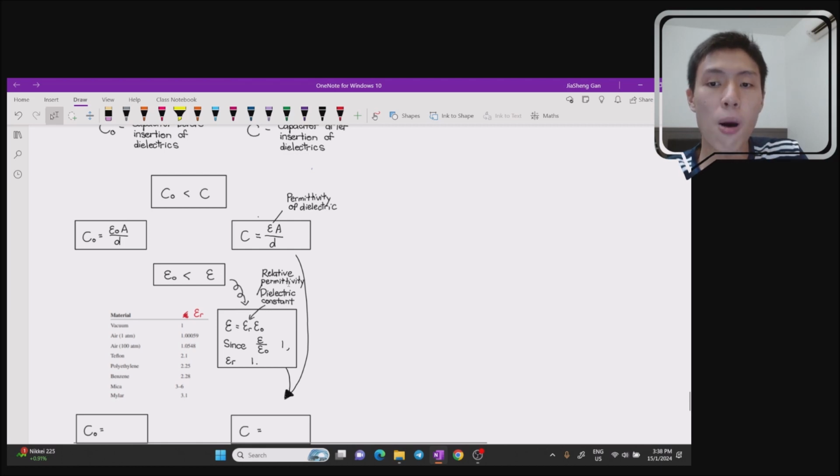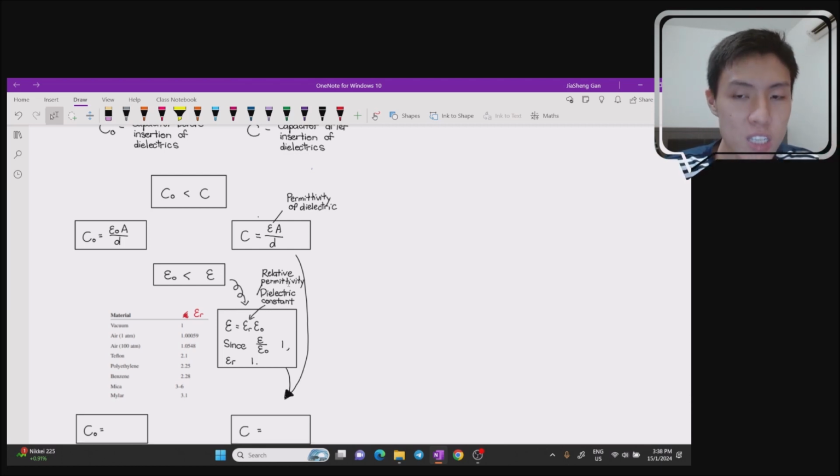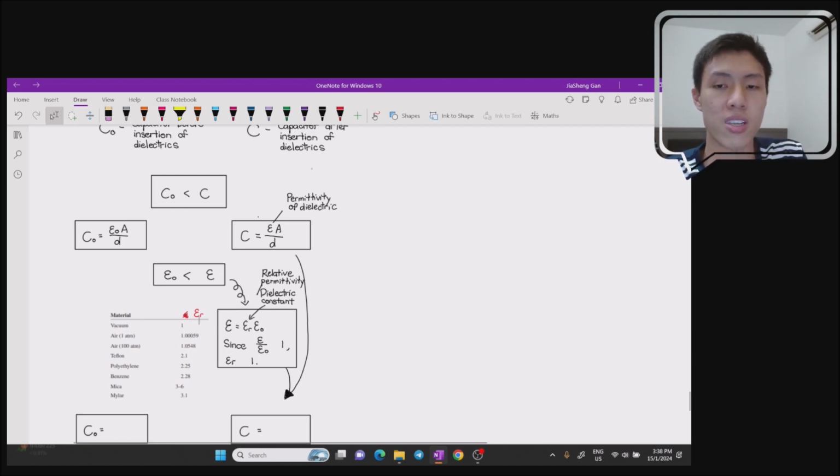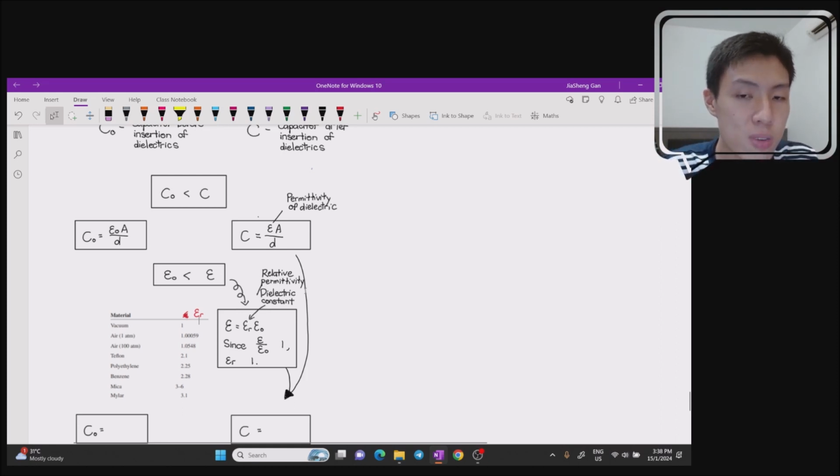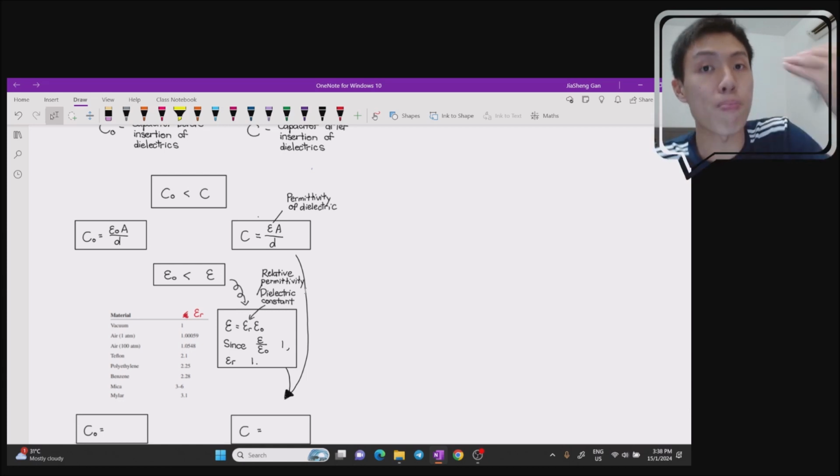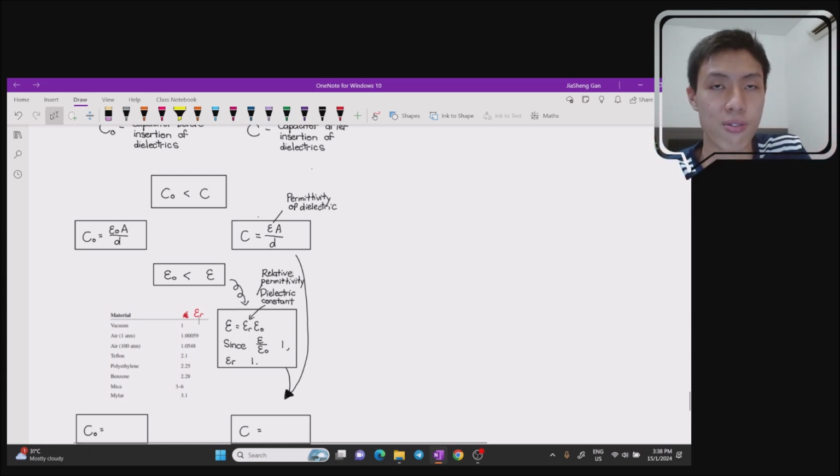It means comparing with respect to the free space permittivity, how many times does it improve? That's why I call it relative permittivity. Compared to the free space permittivity, how many times does it improve by? That's why we call it relative. Or you can call it the dielectric constant. Simple.